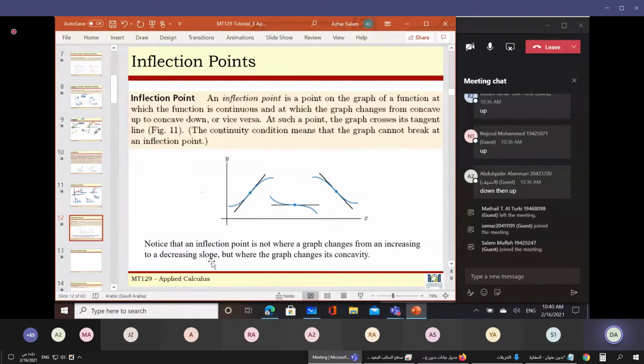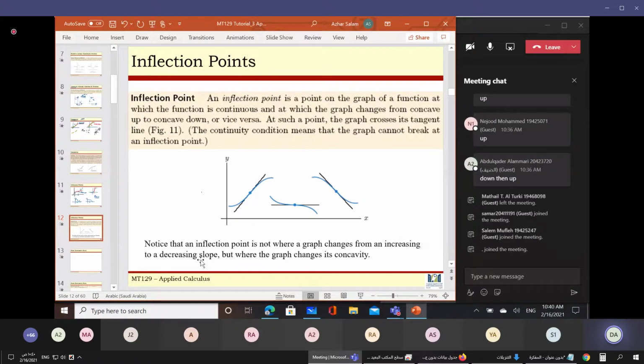Okay, also about the slope: the slopes are not changing from increasing to decreasing. It only increases in slope or decreases in slope. Okay, all the slopes will be increasing or decreasing at the same time.